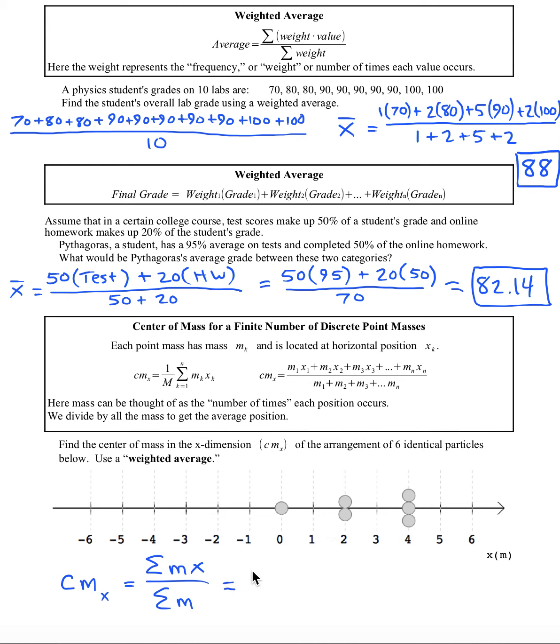So we want to do, there's 1 kilogram, and it's located at a position of 0. We have 2 kilograms located at a position of 2.